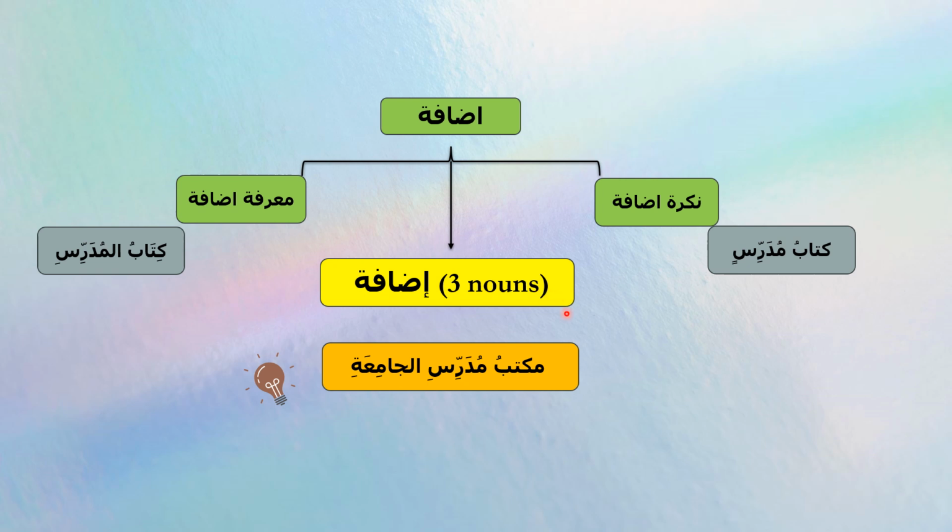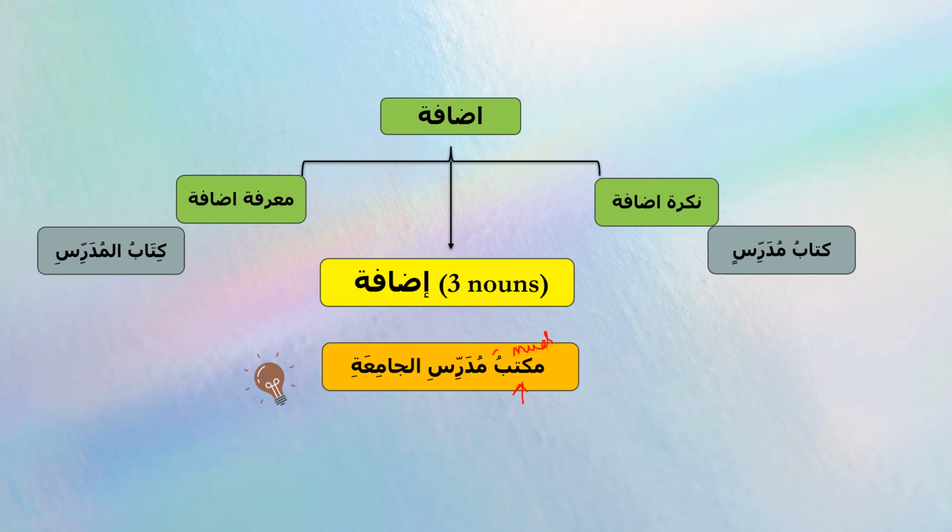Now, why I gave the same example as in my previous video: I forgot to give one important point about these three nouns involved in the idafa. Actually, when you see the three nouns involved in an idafa, the first thing you see is the first noun, that is the mudaf, right?